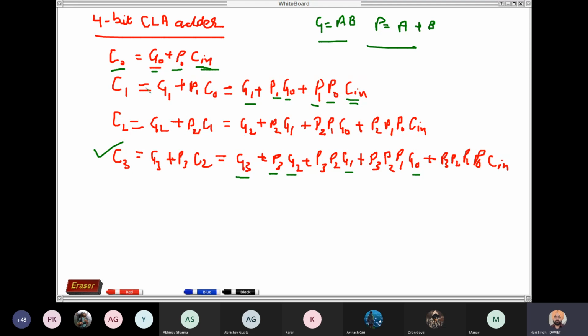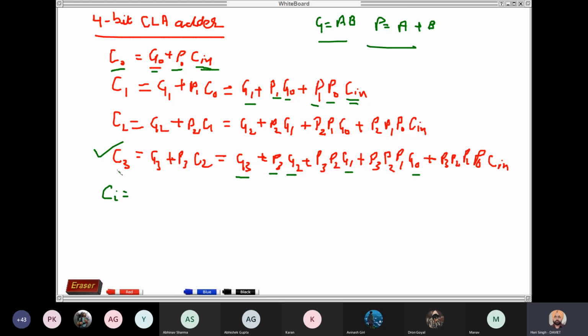Okay. So to generate these carries, we require multiple gates. For example, if we consider the timing, just consider any carry at any stage, Ci.